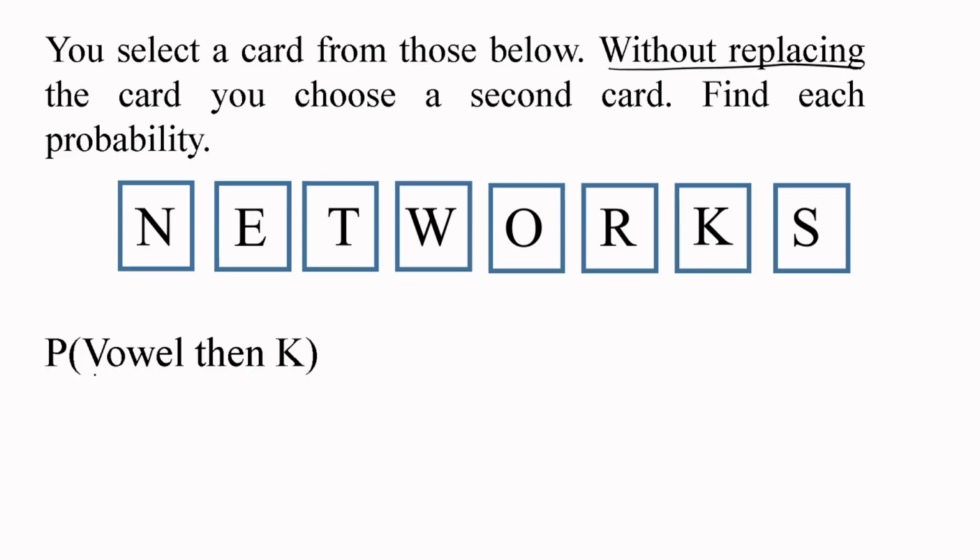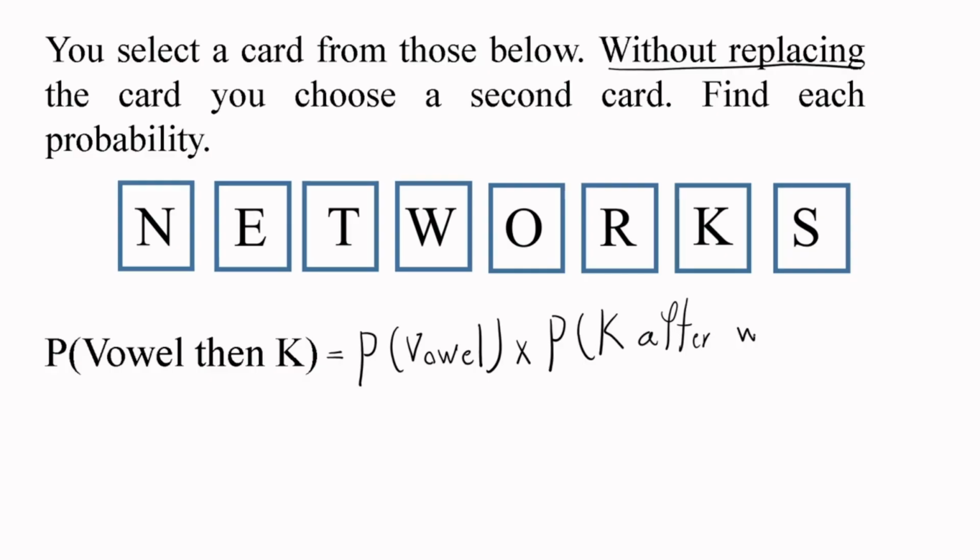The first probability that we are looking for is vowel, then K. So it's gonna be equal to P of vowel multiplied by P of K after vowel. This is the last time that I'm writing the formula because I believe that this is really easy and understandable. So let's find the P of vowel first.